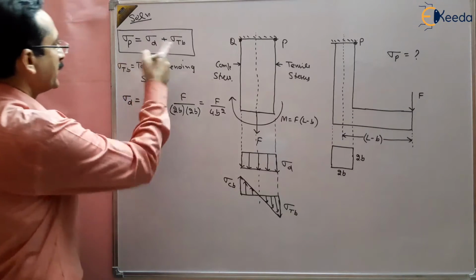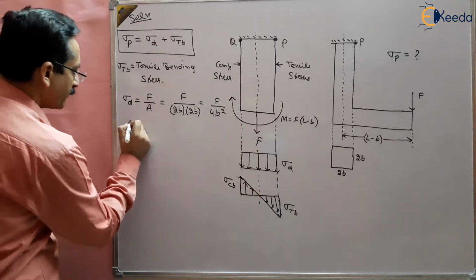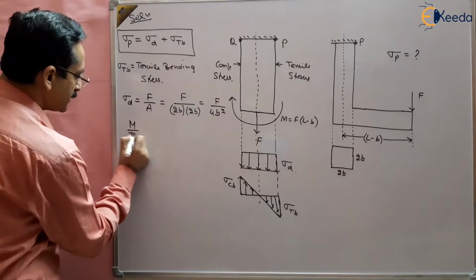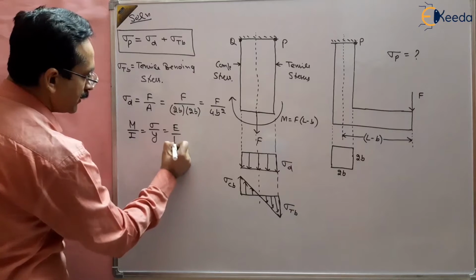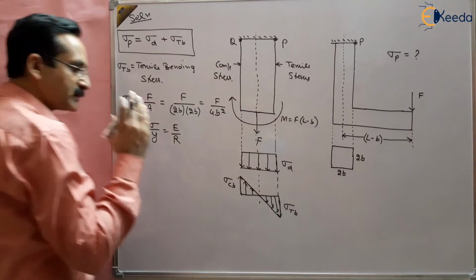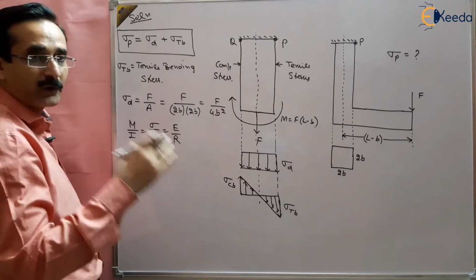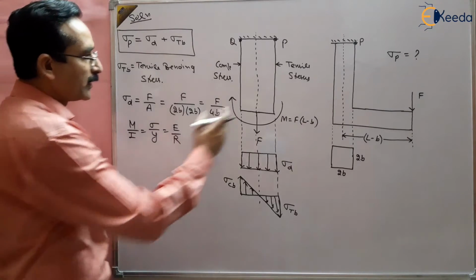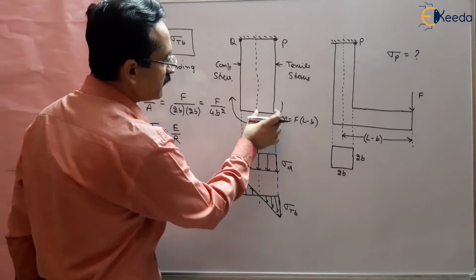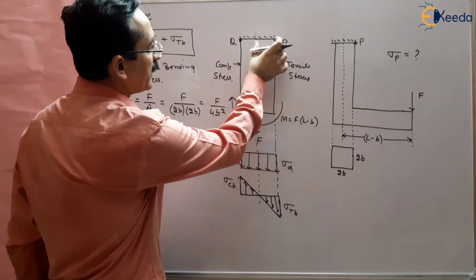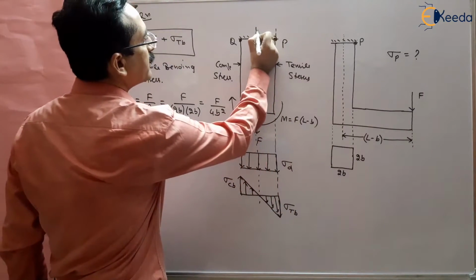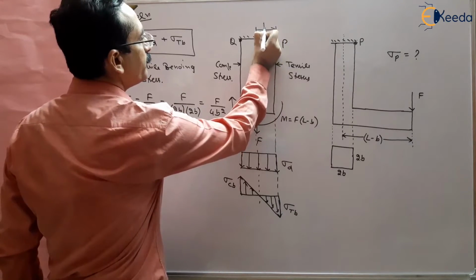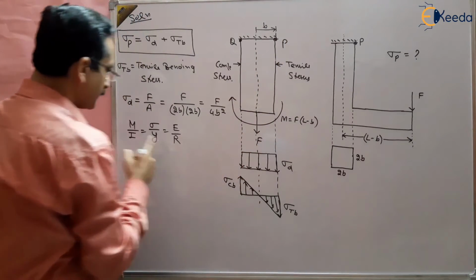And what is bending stress? Bending stress can be obtained from the bending equation. We know the bending equation M by I equals sigma by y equals E by R, and y is the distance of the fiber where we want to find the stress from the neutral axis. The extreme fiber is point P, and this distance is b, so y is equal to b, right?